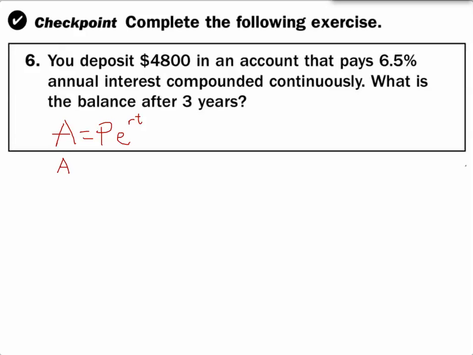We have A equals 4,800 is the principal, the amount of money going in. E is E. It's not a variable, it's a number. R is 0.065. And T is 3, because it's 3 years.